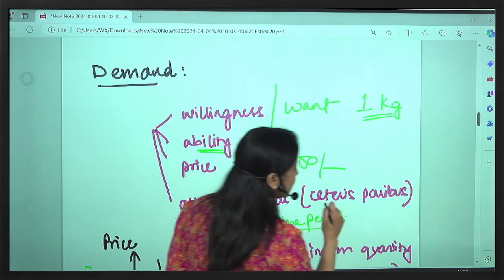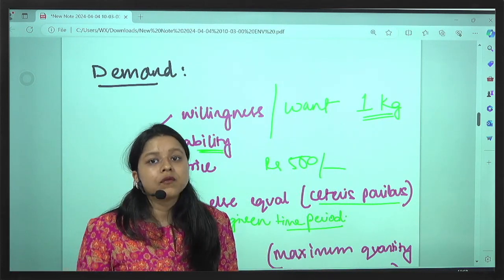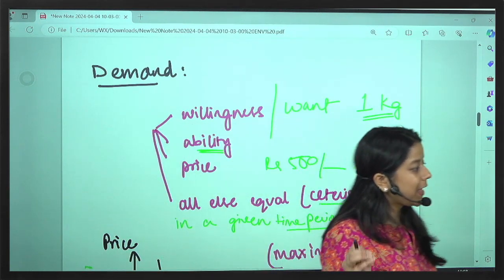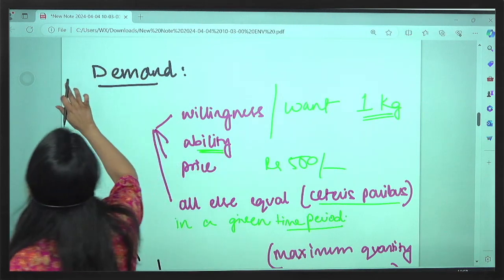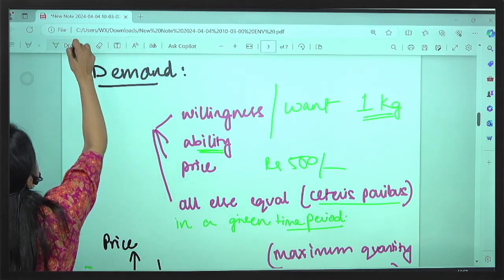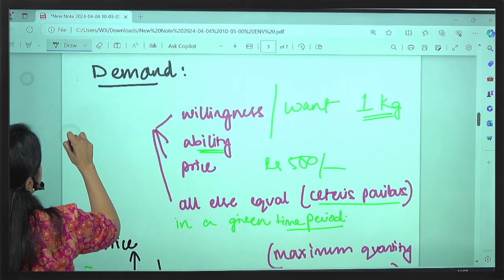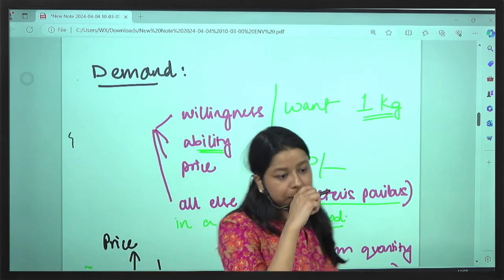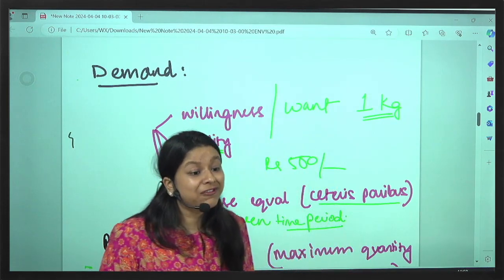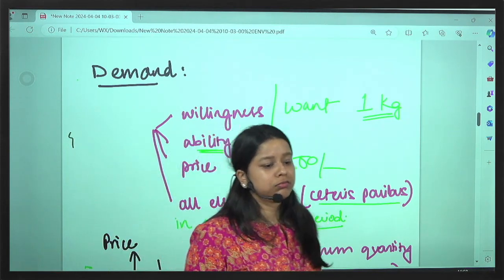And this is a usual economic term that we use, ceteris paribus, which basically means everything else remains constant, right? So let's say suppose I define it this way. I am willing to buy a luxury car, a Lamborghini. That is my willingness, that is my want. But am I able to buy it? No, maybe I'm not able to buy it.